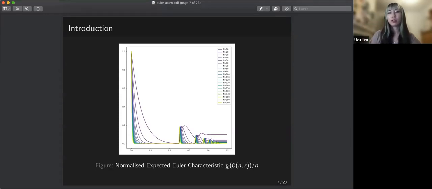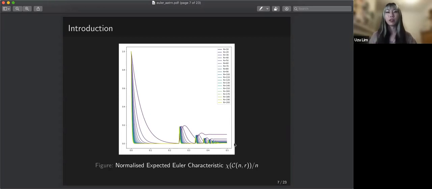So if you compute the expected Euler characteristic and then normalize it by point count, then as the filtration radius ranges from 0 to half, where in our case the circle has circumference of 1, at radius half it'll cover everything and everything will be a point. When you divide it by n like this, you see these strange spikes happening, as the yellow curves here correspond to larger n, and you see that they converge into these shapes.